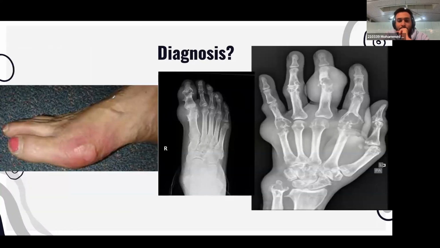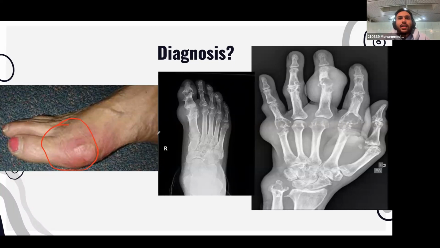So, what's this disease, guys? Gout. Okay. Can someone tell me what this is called? Podagra. Perfect. So this is podagra. Podagra is basically the big toe.